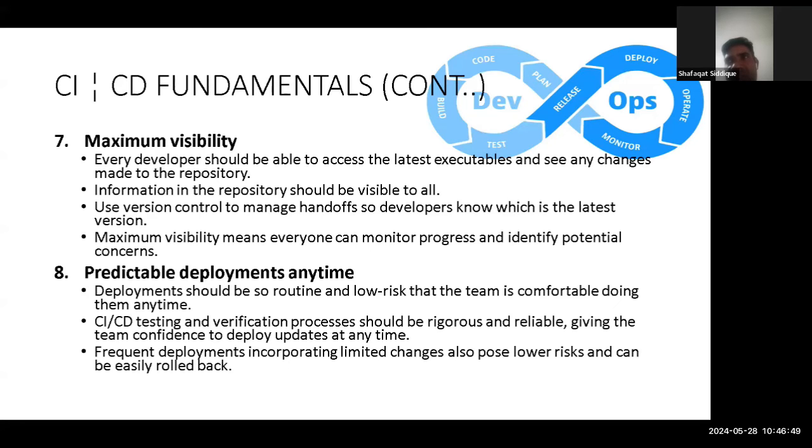You should get a server as a dev environment for them, and whenever a change happens in the developer branch, a pipeline runs and automatically sends the code to the dev environment so that the developer can see it. So ensure maximum visibility.